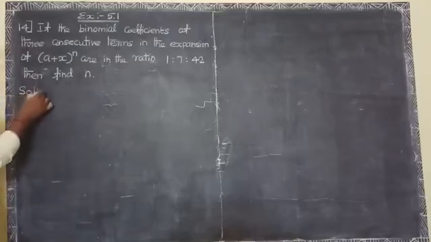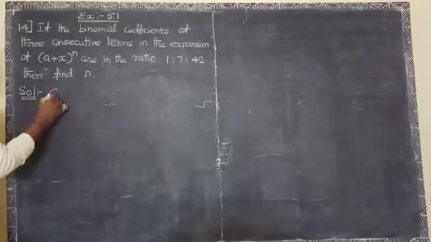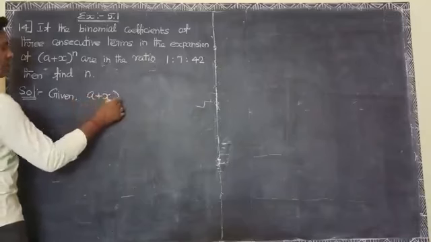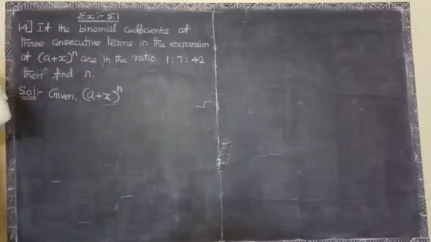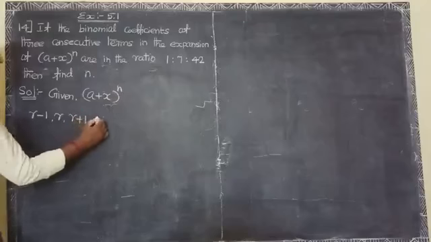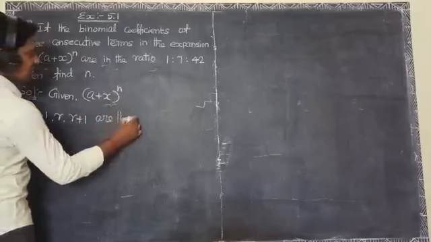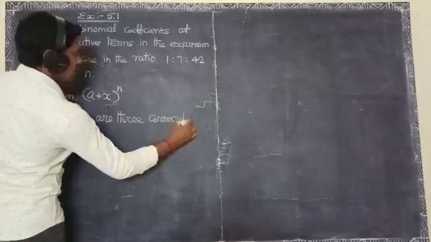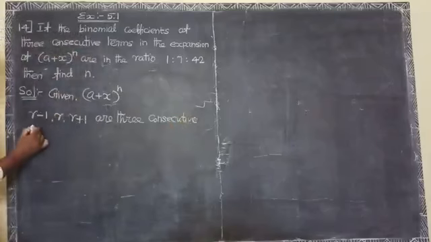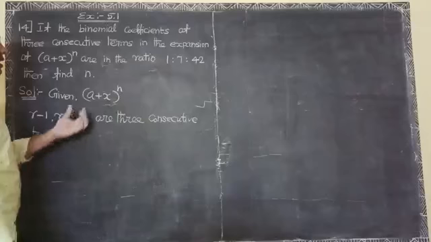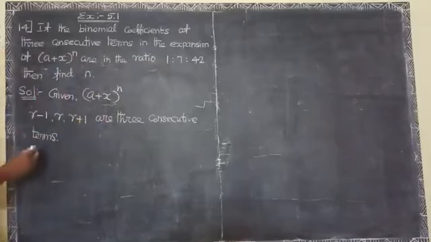Solution: the given binomial expression is (a plus x) whole power n. Now the three consecutive terms are (r minus 1), r, and (r plus 1). They are in the ratio 1:7:42.